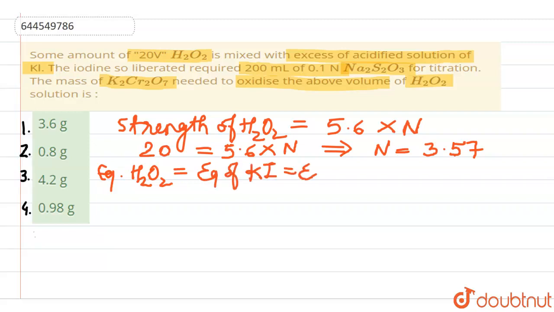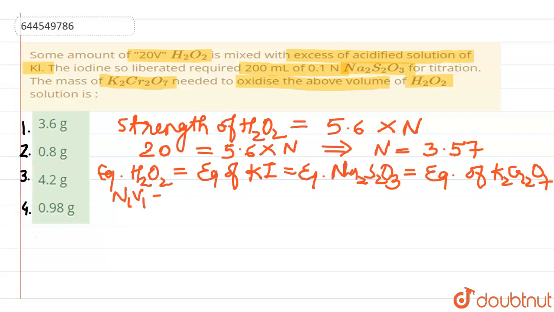Next, we know the equivalent of H2O2 is equal to the equivalent of KI, which will be equal to the equivalent of Na2S2O3, and fourthly the equivalent of K2Cr2O7. All four compounds will have the same equivalence here. Now firstly we will calculate for H2O2. It will be N1V1 equals N2V2.